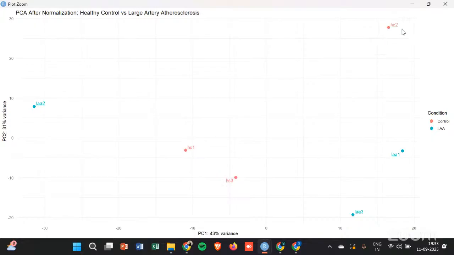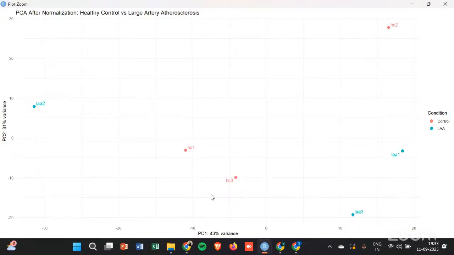HC2 is an outlier for the healthy condition, and LA2 is an outlier for the LAA condition. In the most ideal scenario, you should be removing them from any further analysis. Even if you remove them, you can see that there is a clear line I can draw along the x-axis that will separate these two clusters.